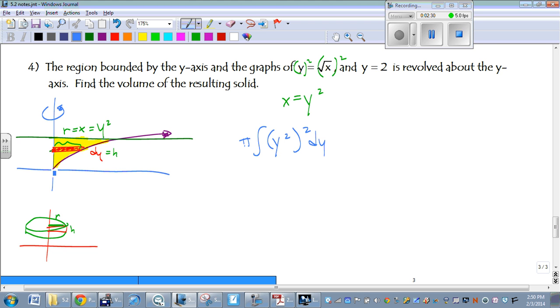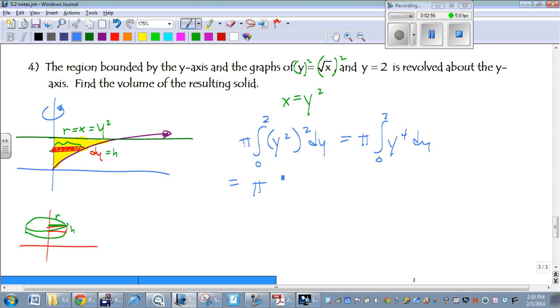So our lowest y value here, where the y-axis intersects this graph, is going to be at 0. And the highest y value is our horizontal line here, y equals 2. So really we have pi times the definite integral from 0 to 2 of y to the 4th dy. Again, this is one you can punch in your calculator, but this would be one where you could be expected to do it by hand.